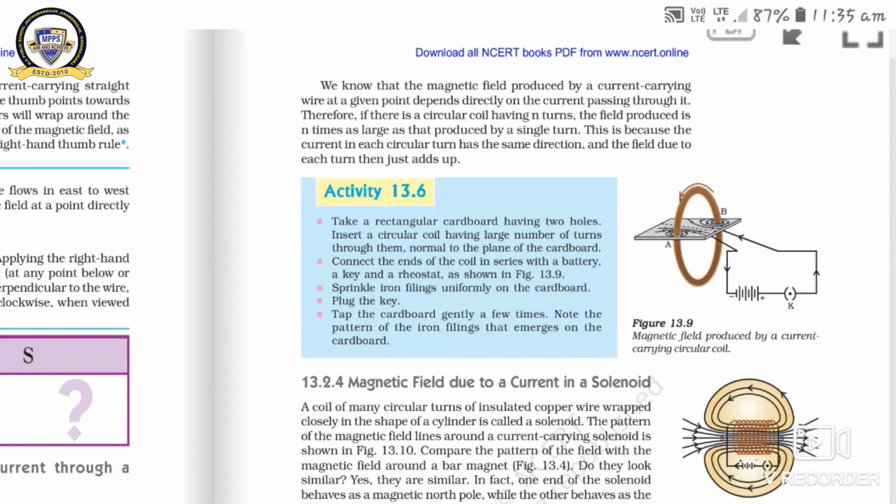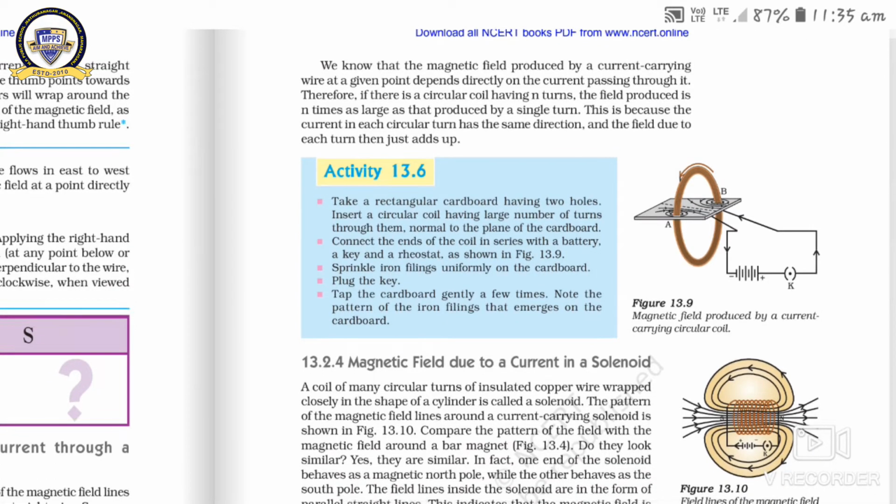Here in activity 13.6, take a rectangular cardboard having two holes, and insert a circular coil having a large number of turns, normal to the plane of the cardboard. Now connect the ends of the coil in series with a battery, a key and a rheostat as shown in figure 13.9. Sprinkle iron filings uniformly on the cardboard.